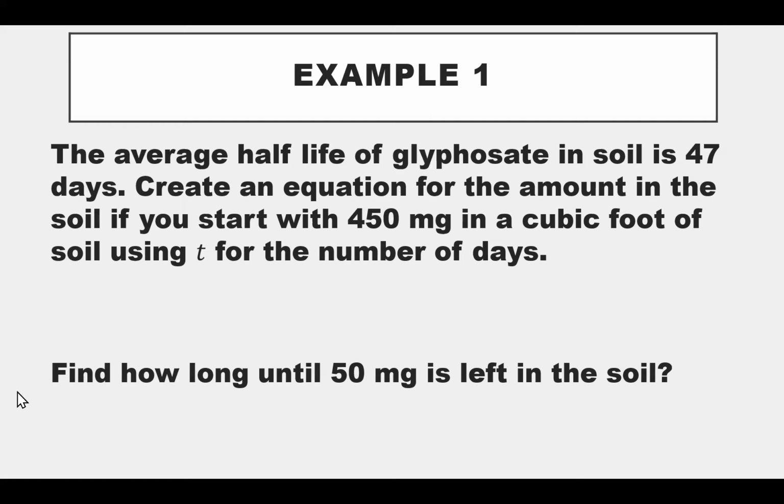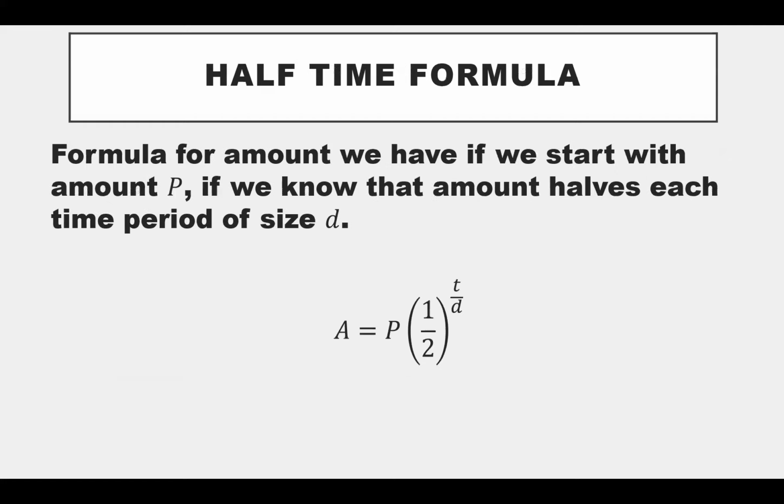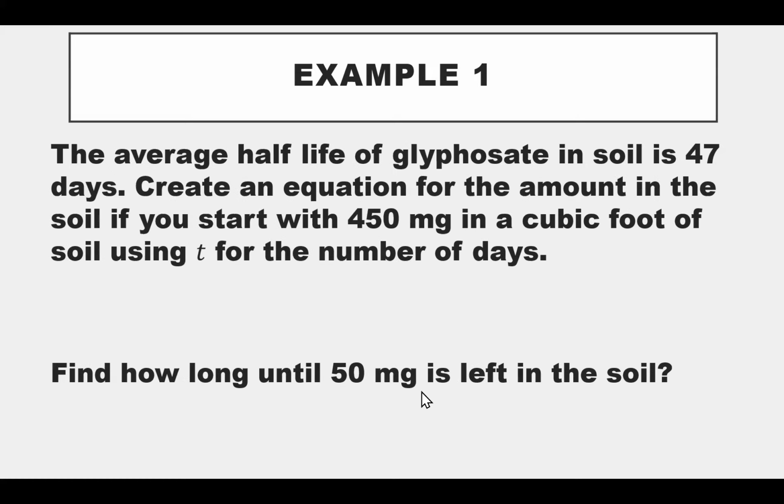And then we'll find out how long until 50 milligrams is left in the soil. Because we're talking about half-life, we're going to use the half-time formula that we saw on the previous slide. So let's go ahead and set that up.